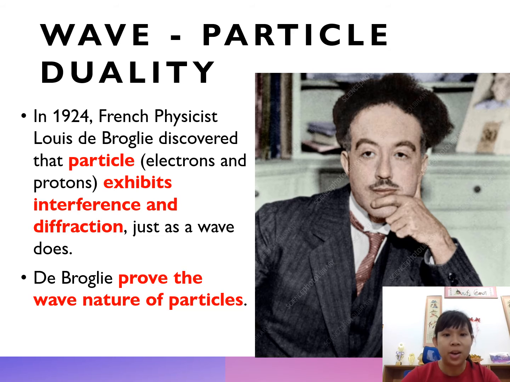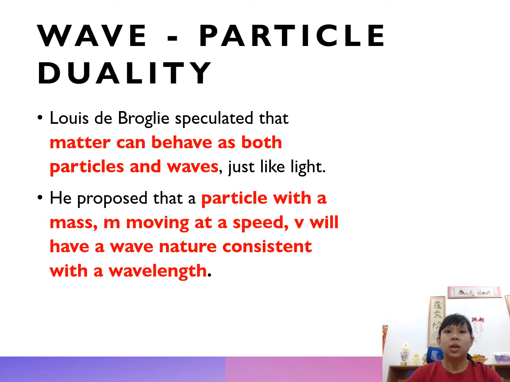Slowly, he proved that a particle can behave as a wave. So he speculated that matter can behave as both particle and wave, just like light. He proposed that a particle with a mass of m moving at a speed of v will have a wave nature with an associated wavelength.